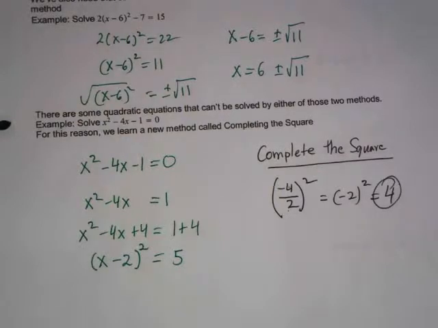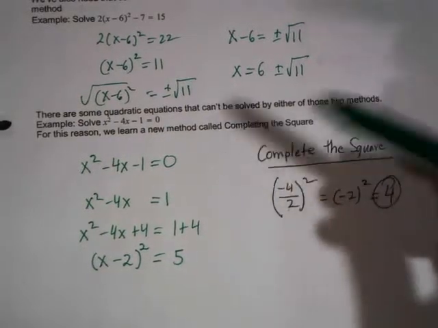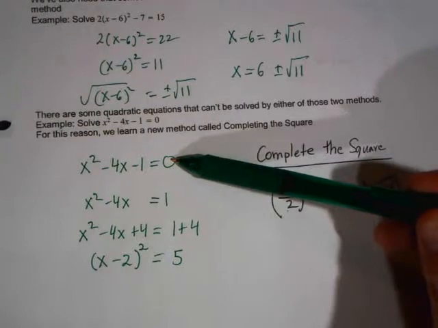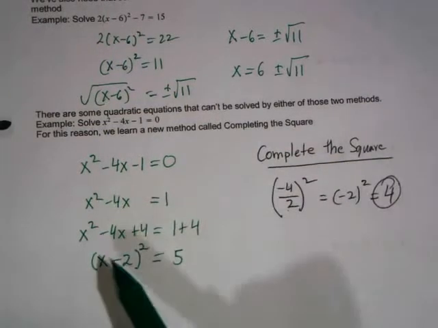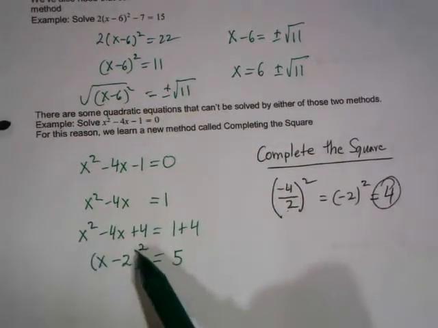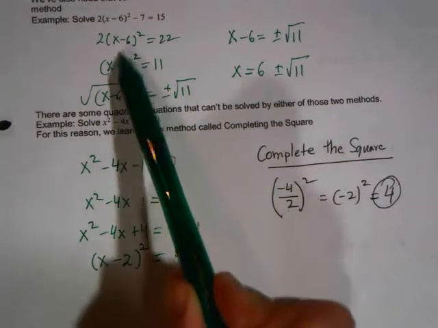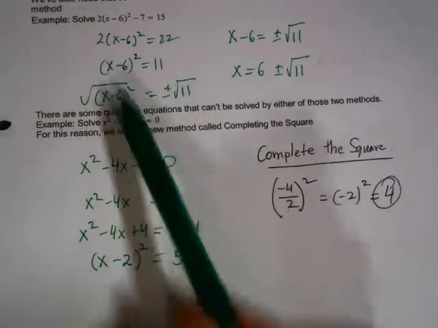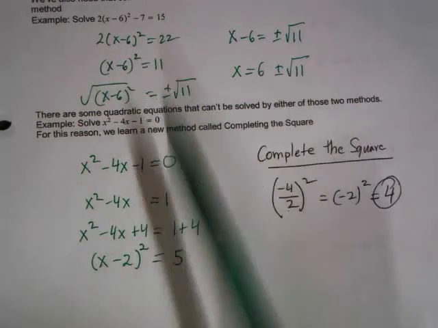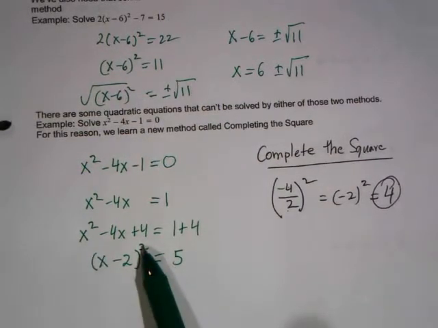Notice what we've done. We've taken a problem that we could not use the square root method on. We did a process called completing the square, which gives us something squared, and now we're back to something very similar to this, where we have a parenthesis, a square equals a number. Now we can solve using the square root method. So that's what completing the square does. Completing the square takes problems that you can't use the square root method on.